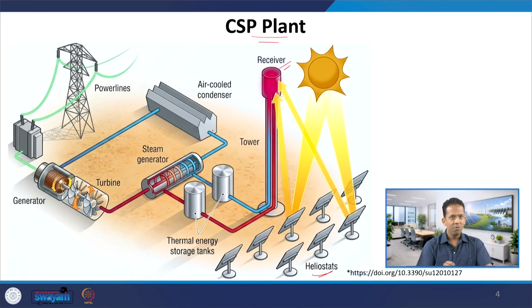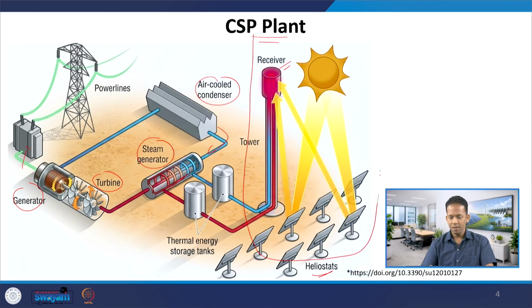These are the parts which I explained earlier, like the steam generator or boiler, then the turbine, generator, the power lines, and the condenser from where water again goes back into the steam generator. And this part is the solar thermal part, which is actually capturing solar radiation and transferring heat to the heat transfer fluid.